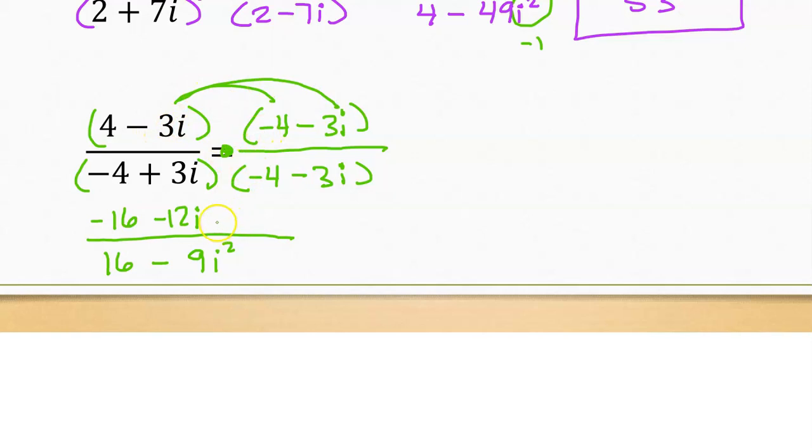Negative 3i times negative 4 is positive 12i. And then negative 3i times negative 3i is positive 9i squared. All right, but we never forget that i squared is negative 1.